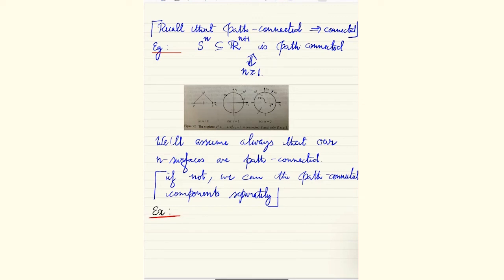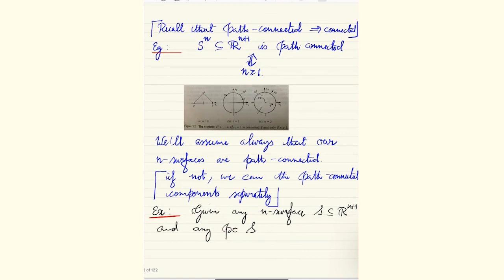So given any n surface, and any point on it, you look at the set of all points of S which are connected to P, right?